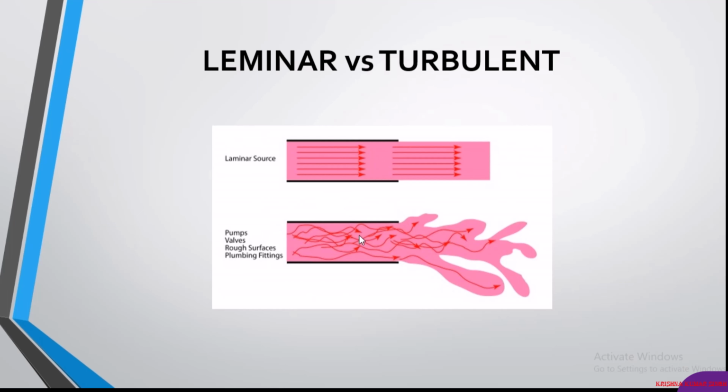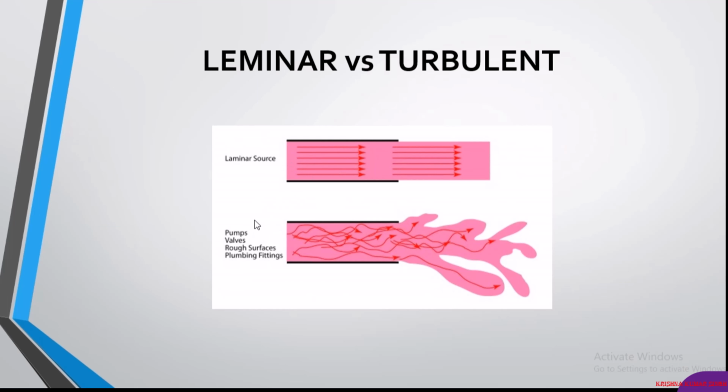But in case of turbulent flow, we have an irregular pattern of streamlines. This type of flow occurs when we have a restriction in the flow of water, right? If there is no restriction and the pipe segment is straight, then there will be laminar flow.